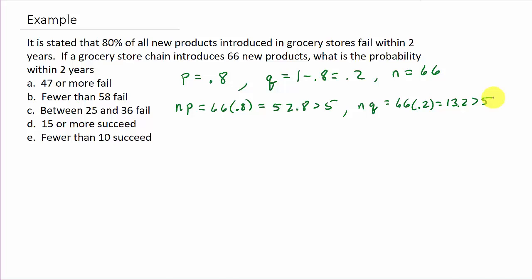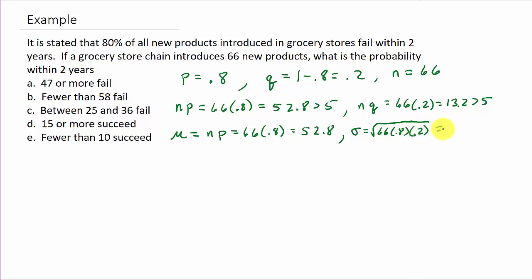All right. So what's the next thing that I need? I need the mean and I need the standard deviation. So the mean is n times p, which we've already calculated. So that's 66 times 0.8, which is 52.8. And then I need the standard deviation, which is the square root of n times p times q.